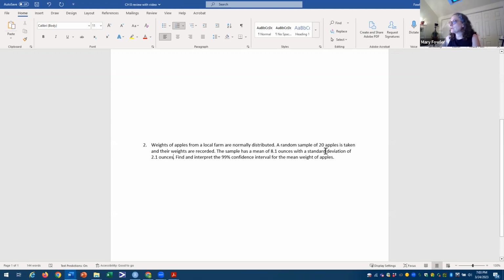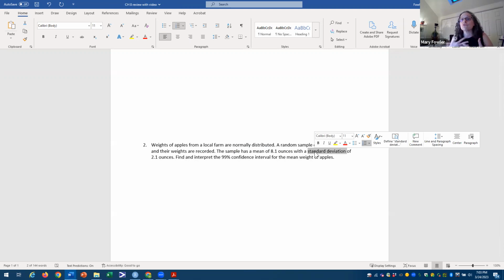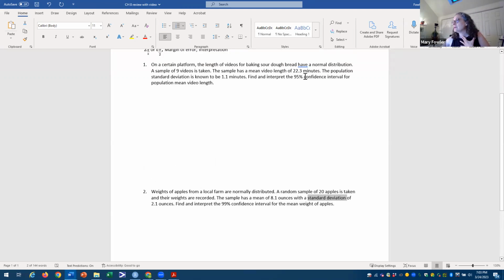Okay, so let's go back to the word standard deviation, and we have to determine if this standard deviation is the population standard deviation. Two ways we would know that is if it was referred to as population standard deviation, as in problem 1, or if it's referred to as sigma, right? Because that's the notation for population standard deviation.